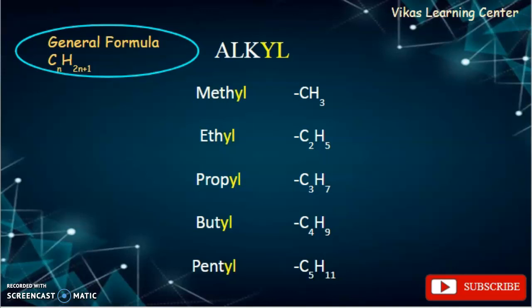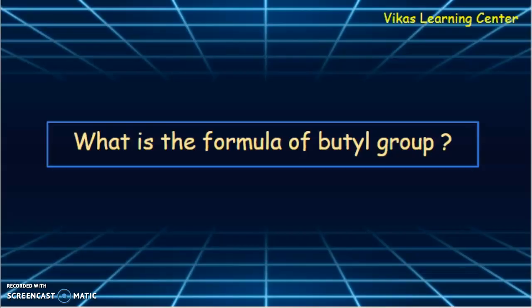So now, here goes a progress check for you. What is the formula of butyl group? As this question asks regarding butyl, the word butyl initiates with 'but', which represents 4 carbon atoms, and the suffix is 'yl'.